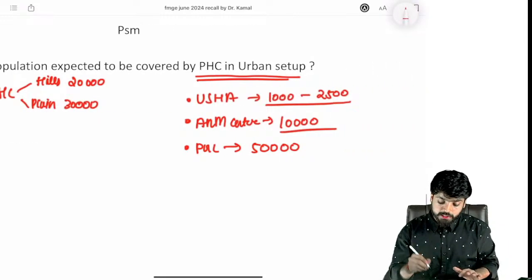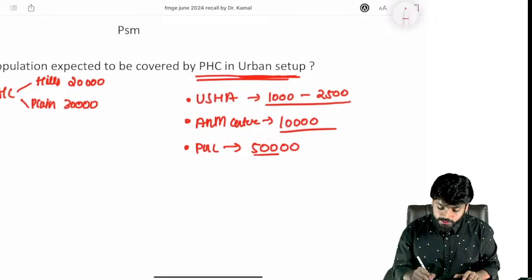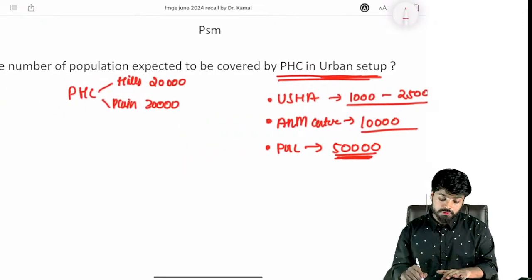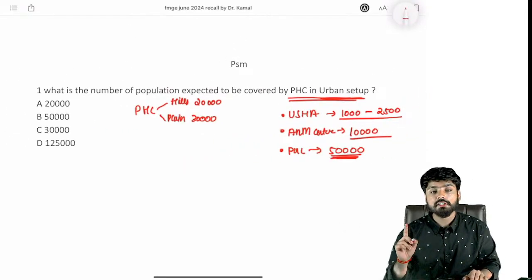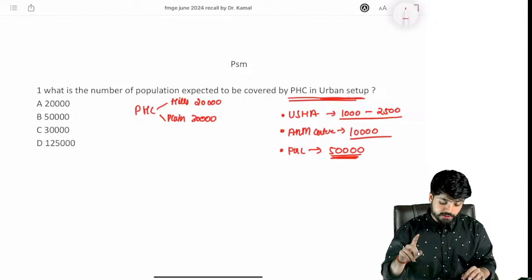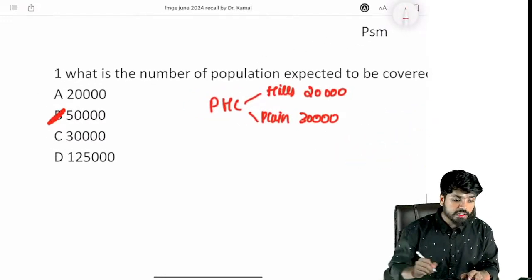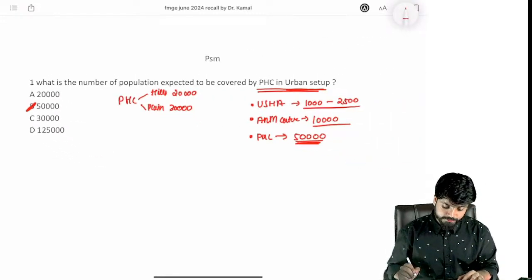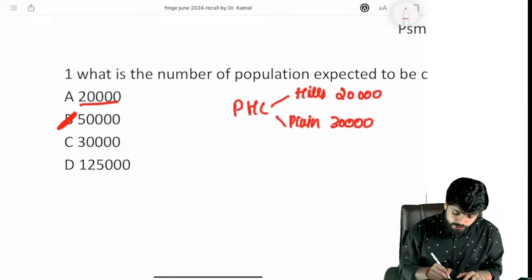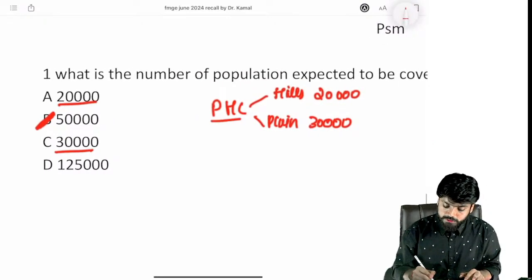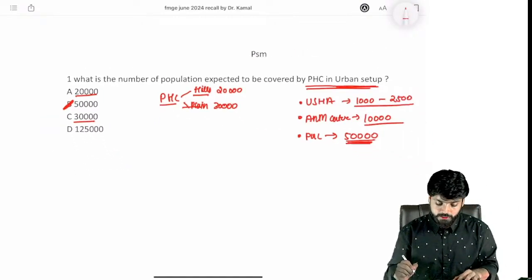But in case of urban setup, PHC comes under 50,000. So just by mentioning urban setup, the answer completely changes and it goes to 50,000. For 20,000 and 30,000, PHC is for hilly and plain areas.